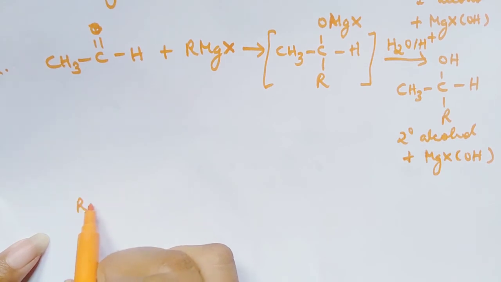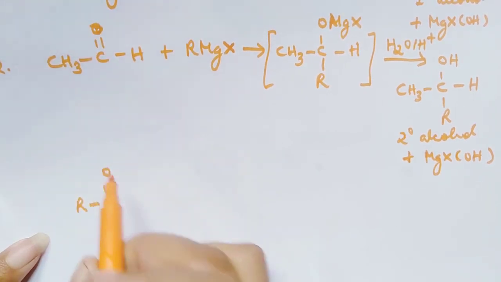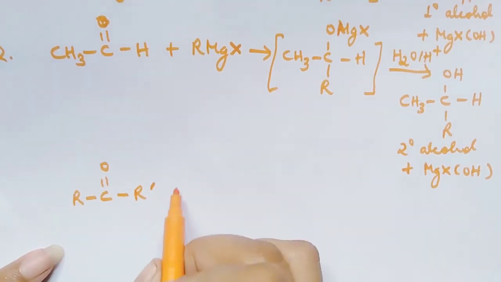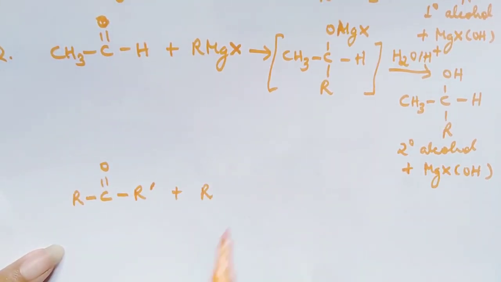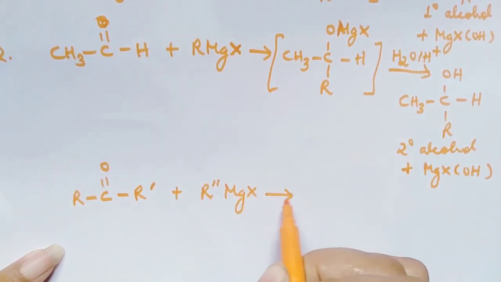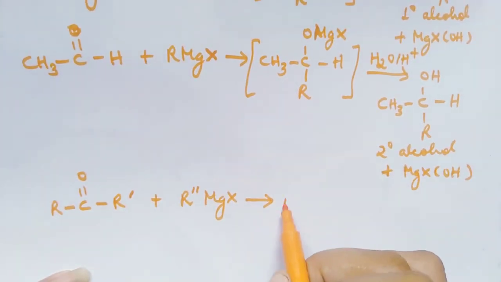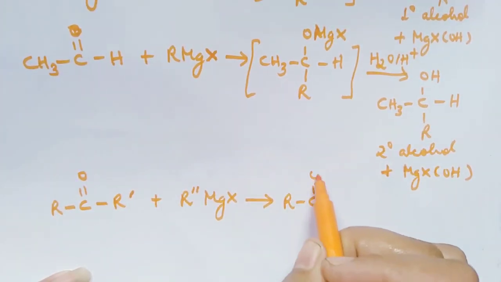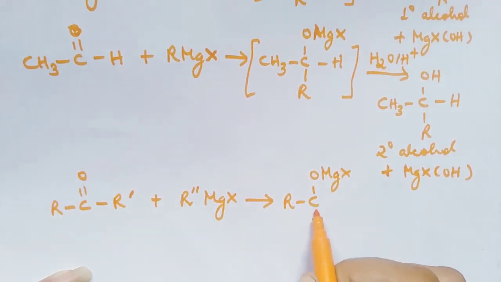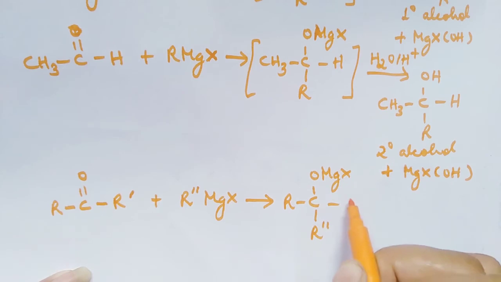And the last one, we have a ketone. So R, C double bond O, R prime, where R and R prime are different. And then we have a Grignard reagent, R double prime MgX. Follow the same mechanism. We have R, C, OMgX, with R double prime and R prime.